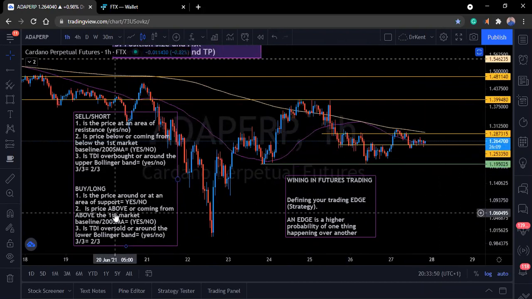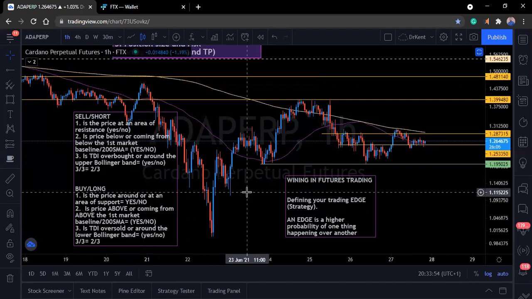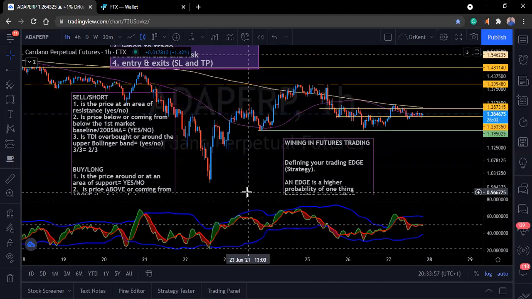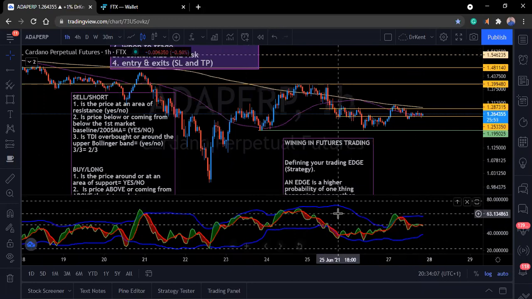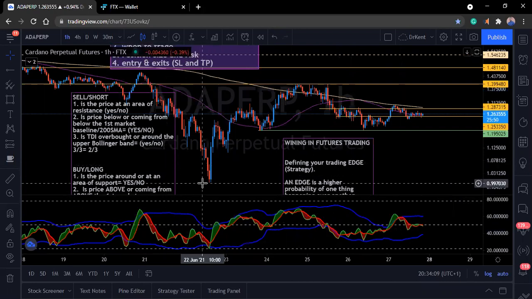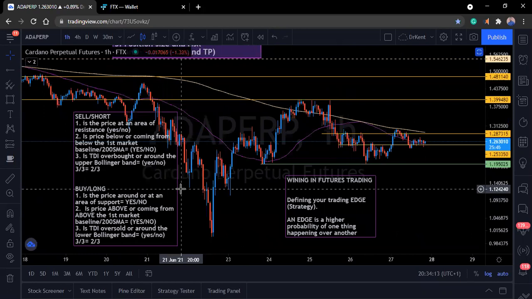Price must be above your market baseline, you tick that, or coming around your market baseline. Your oscillator has to be either oversold or away from or around your pullback area or your middle level pullback region. So once you have that, then you have 2/3 of those factors, you can take a trade.